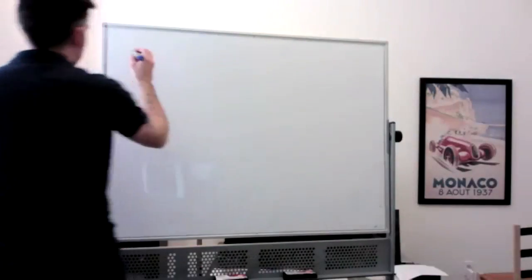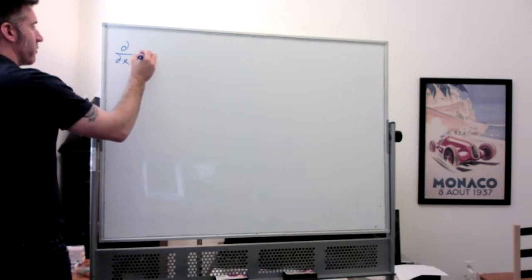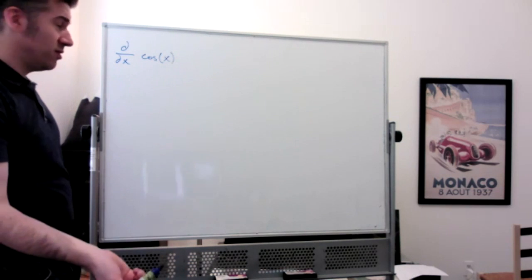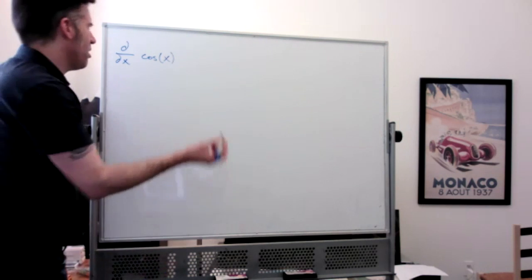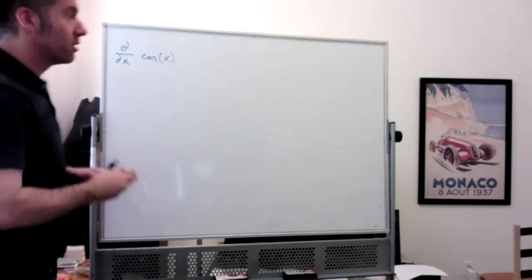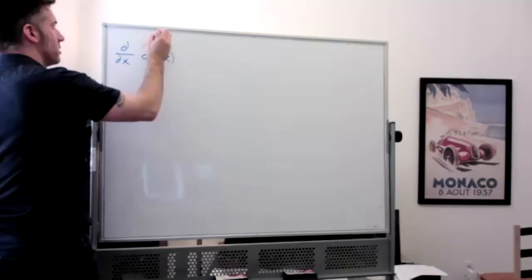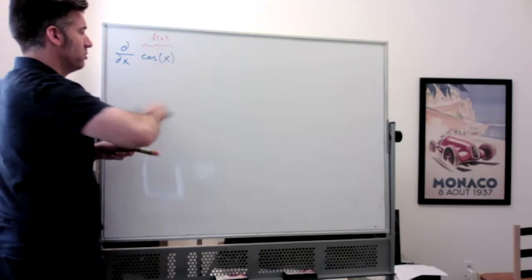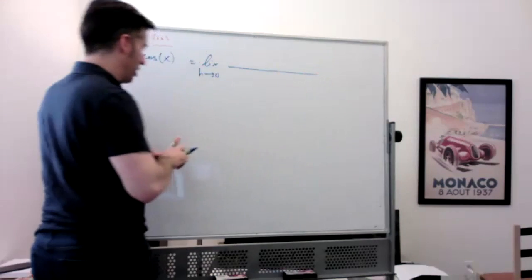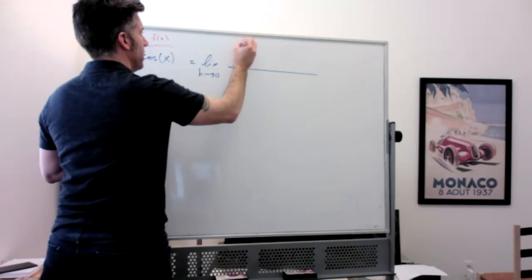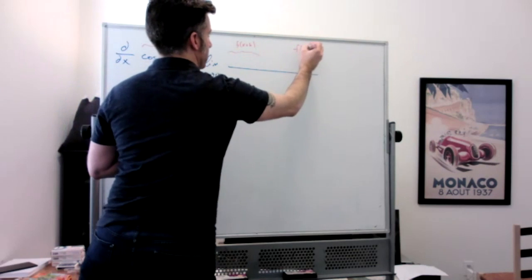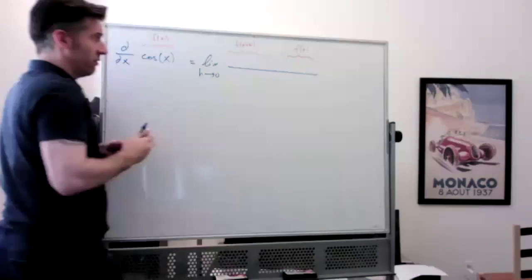So I want to find the derivative of cosine of x using the limit definition of the derivative. To do that, we're going to start with the limit definition. The derivative of a function, if I think of this as f of x, the derivative of f of x is equal to the limit as h goes to 0 of f of x plus h, whatever that is, minus f of x, whatever that is, all over h.